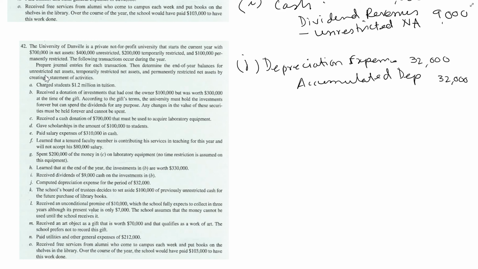Rather, you have to remember, if we have anything board designated restrictions or board designated decisions, all will be considered as unrestricted. That means they are actually taking a portion from unrestricted net assets, and they are keeping it aside for purchasing the books. So this is the decision by the board of trustees. All will be within unrestricted net assets.